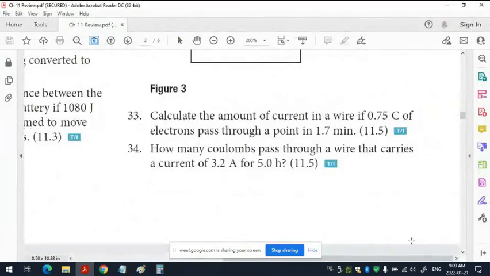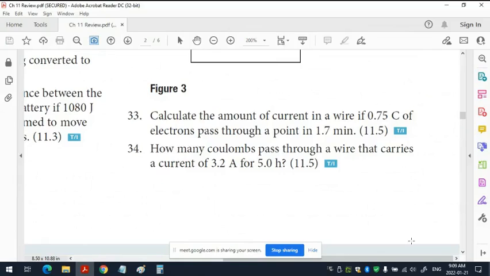Calculations. Come on. You do this. Calculate the amount of current I in a wire if 0.75 coulombs pass through in 1.7 minutes. Which equation? Half the battle is knowing which equation on the formula sheet to use. Well, ask yourself first, what givens do you have?